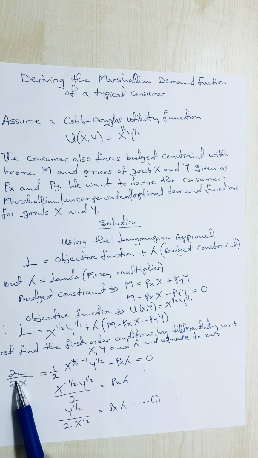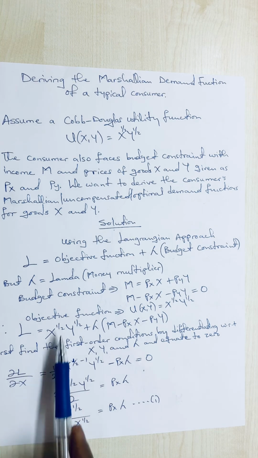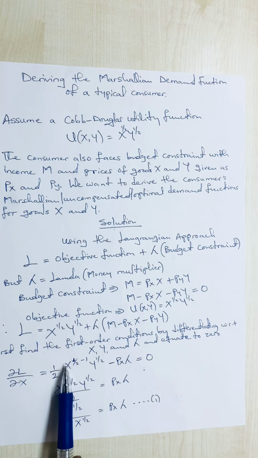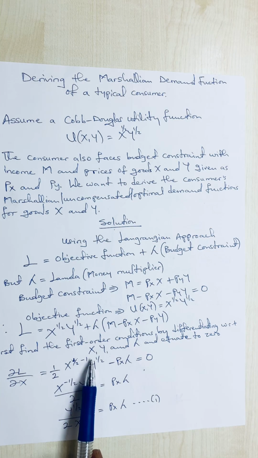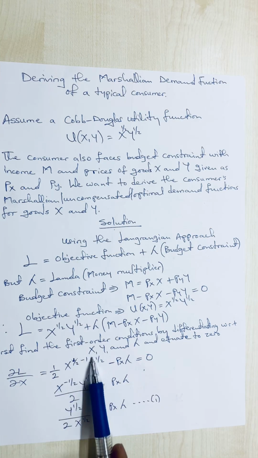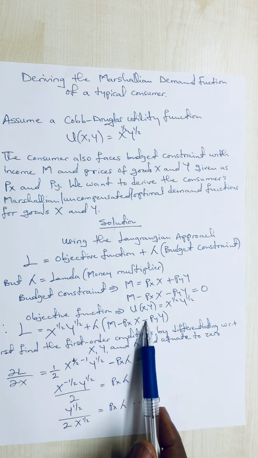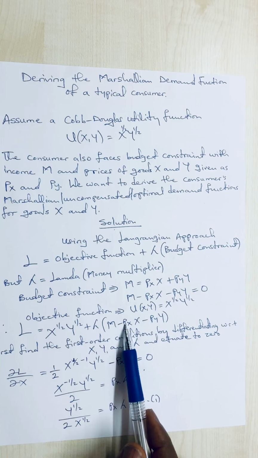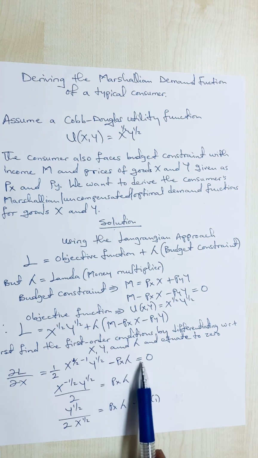You differentiate with respect to X. The power of X is half, multiplied by X to the power half minus 1, by the differentiation rule, multiplied by y^(1/2), since we are not differentiating with respect to Y, minus the price of X as PX, which is the coefficient of X. So we have minus PX lambda, all equal to 0.